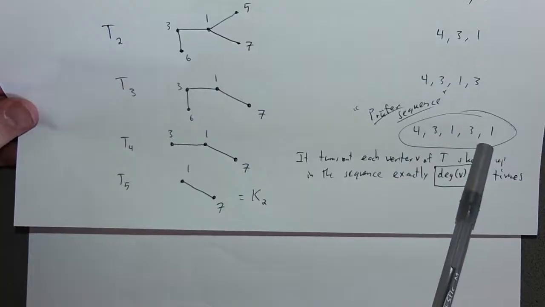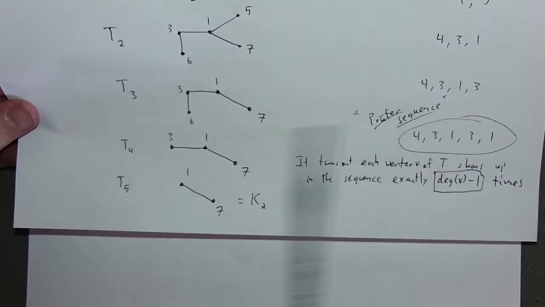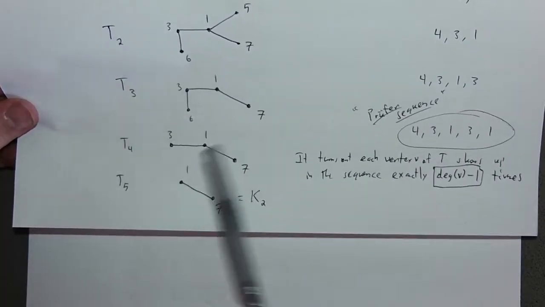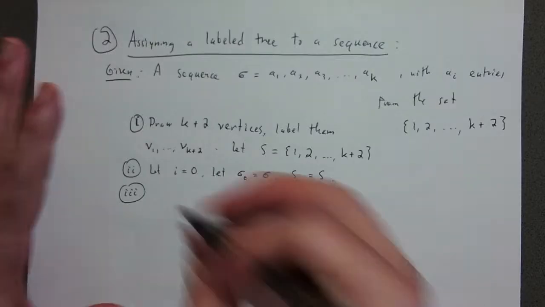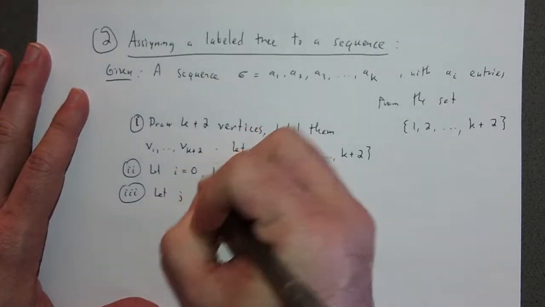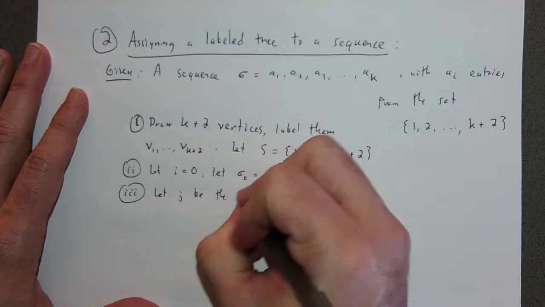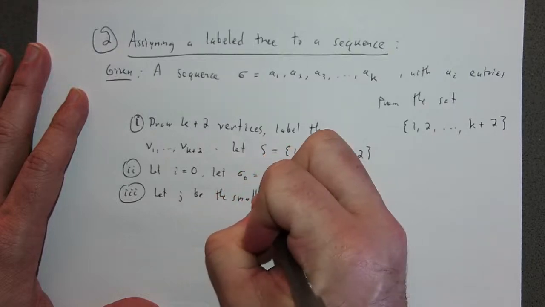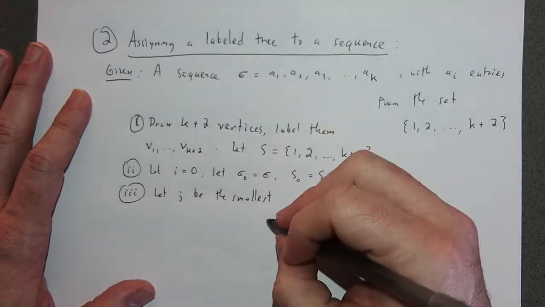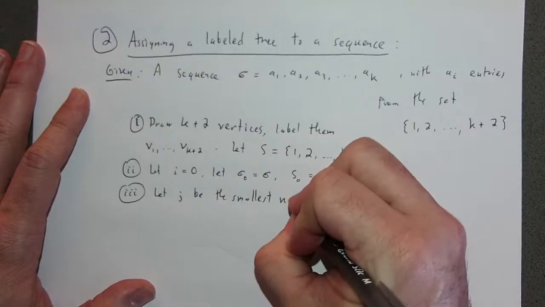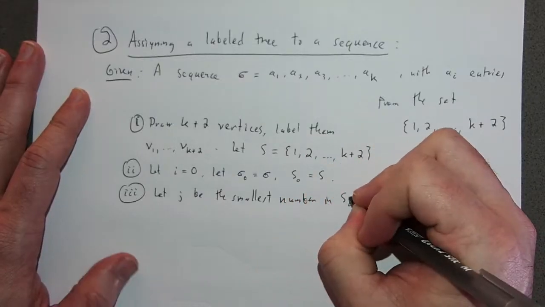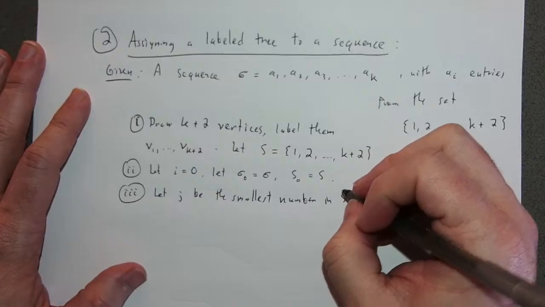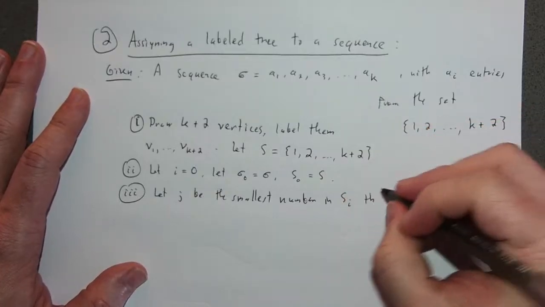How do I do that in a way that makes sense? Well, let J be the smallest number in S sub I that does not appear in the sequence, sigma sub I.